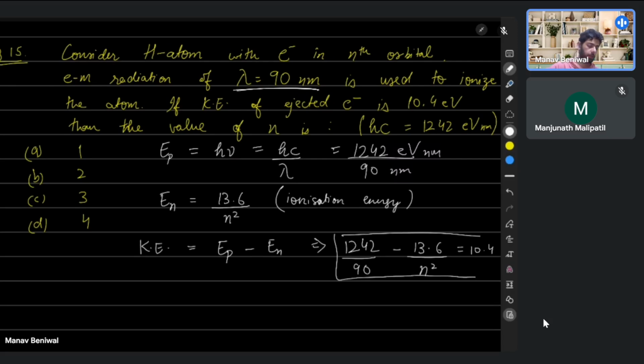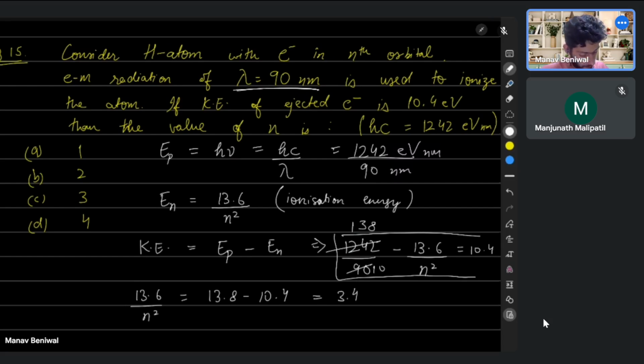So we get this equation, and now what we have to do is calculate n. First, let us put this one here. If you divide by 9, this will be 10, and if you divide by 9, this will be 138, so this becomes 13.8. So we have 13.6 over n squared, that is nothing but 13.8 minus 10.4, and if you subtract you will get 3.4.